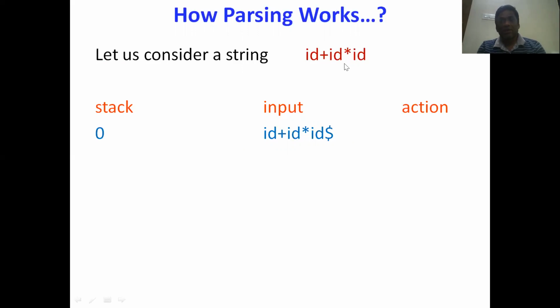Okay, and initially the stack contains state 0 and the input is written as it is in the buffer followed by a dollar, and you need to identify the actions and perform the corresponding actions so that it will produce accept at the end. The action accept must be generated by this parsing because it is a valid string from the grammar. Okay, so I leave it to you.